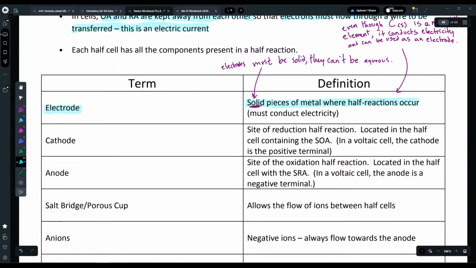All right, the next definition is a cathode. So cathode is where your reduction half reaction is going to occur. So your cathode is going to be put in the half cell that contains your SOA. So in a voltaic cell, the cathode is the positive terminal.